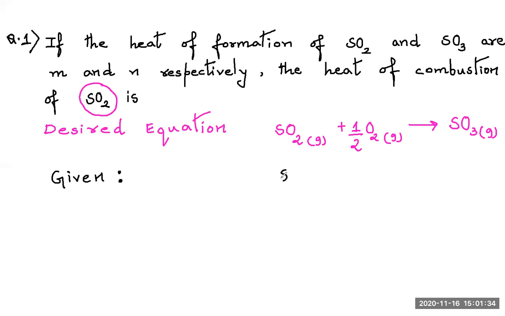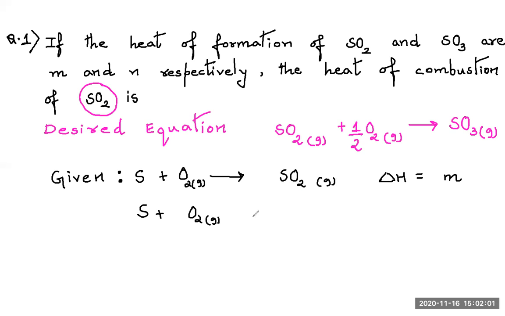Sulfur dioxide formation. So SO2 is here, and I can make it from the elements sulfur and oxygen. Sulfur and oxygen combine to give me SO2, and delta H is given as M. Similarly, another equation, S plus O2 gas, but here I want to make SO3 gaseous.